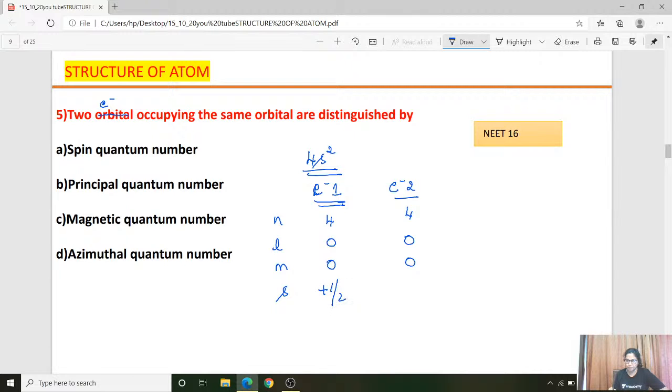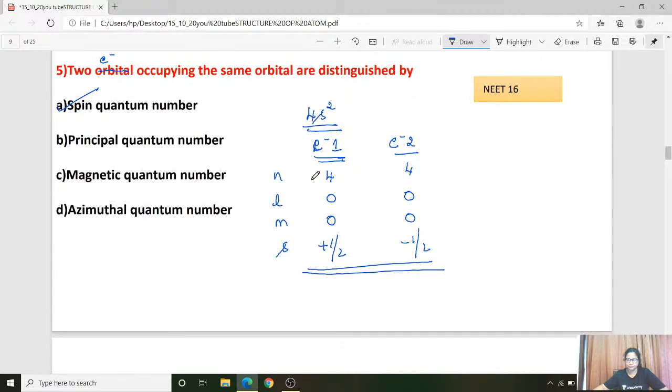But spin will be plus half for one electron and minus half for the other electron, isn't it? One will be clockwise and the other anti-clockwise. So it is only the spin quantum number which is different for two electrons occupying the same orbital. So the answer is spin quantum number. Very good, student.